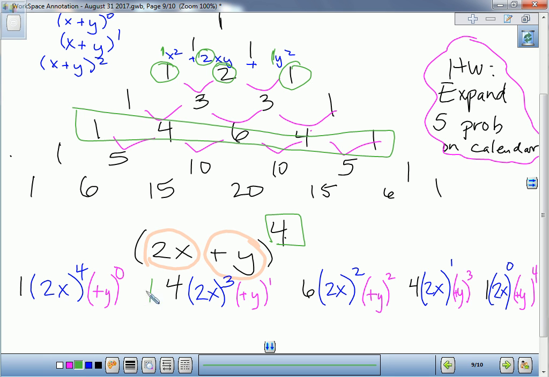Now, each one of these, let's just make this big and fat so everybody sees it, they're added. They're added together.